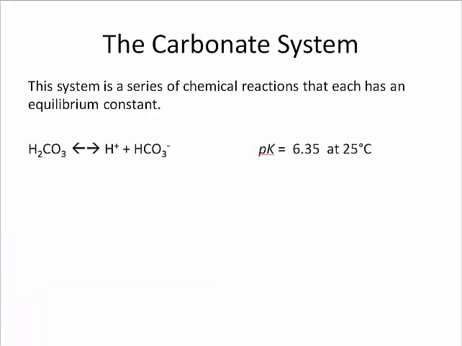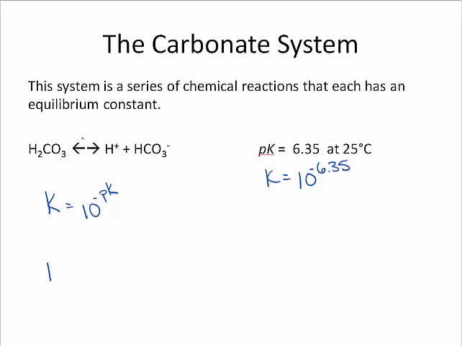We return to the carbonate system and we have our first reaction, carbonic acid dissociation to bicarbonate, and you have a pK of that system. K equals 10 to the negative pK. You have pK is 6.35. You have K is equal to 10 to the negative 6.35.